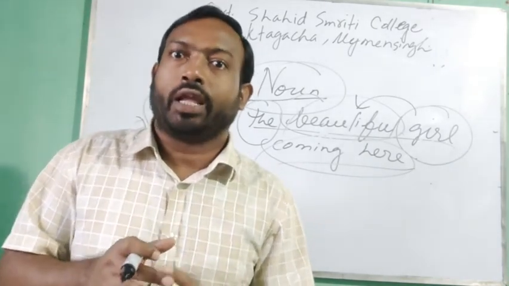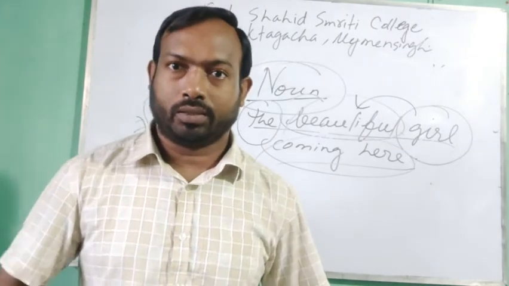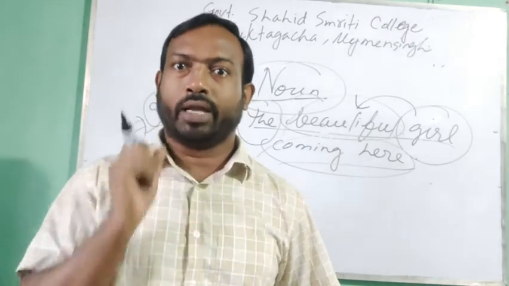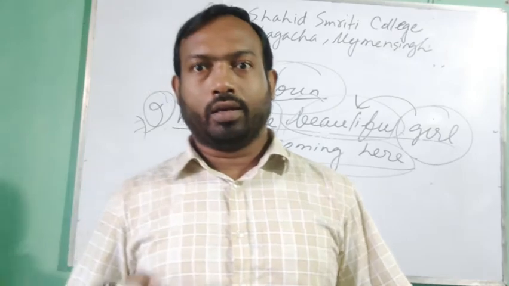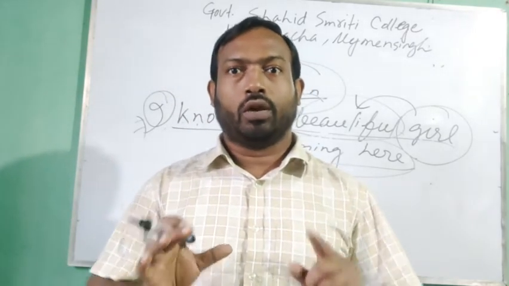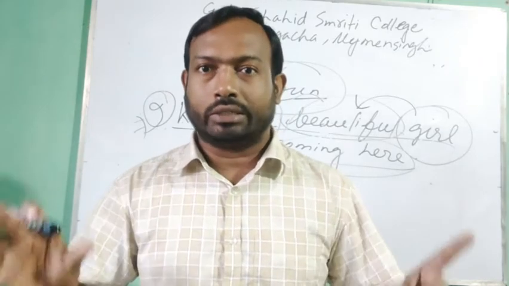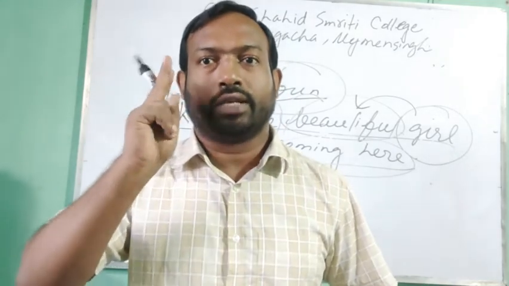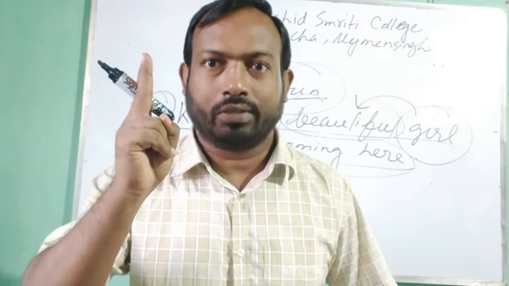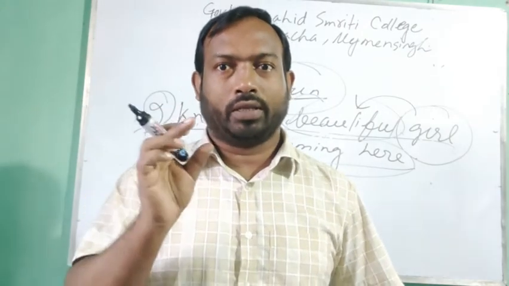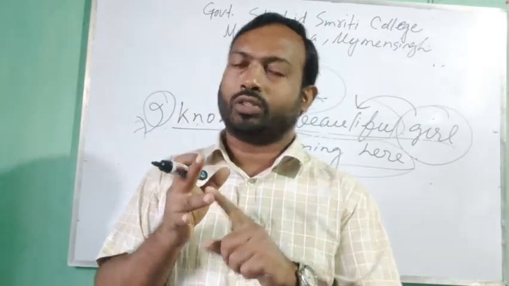Determiner, premodifier, head, postmodifier. But you have to keep in mind, a noun phrase may not always have all the 4 constituents. It needs just 2 constituents to be a noun phrase. Just 2. If we find a determiner and the head, this is a noun phrase.